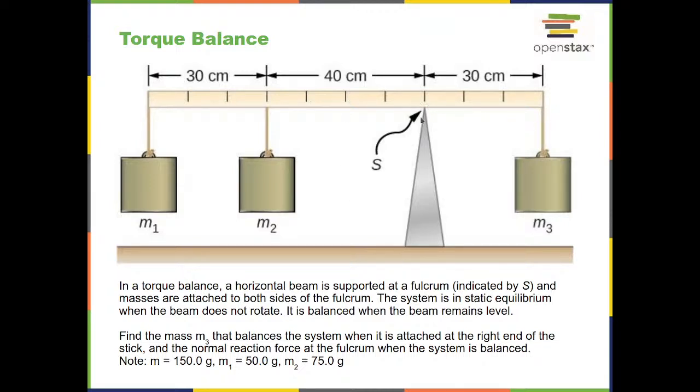Then there's a force due to this balance, this fulcrum here, and that force is a vertically upward normal force that is normal to the horizontal meter stick. And then there's a force vertically downward due to M3, weight 3.